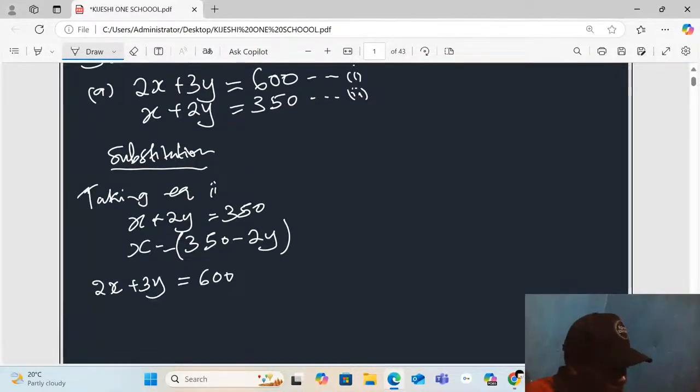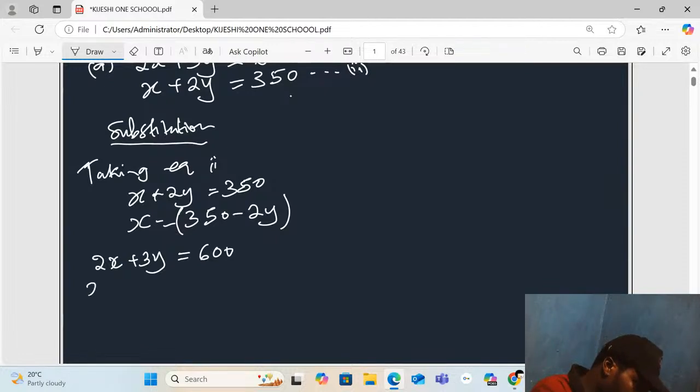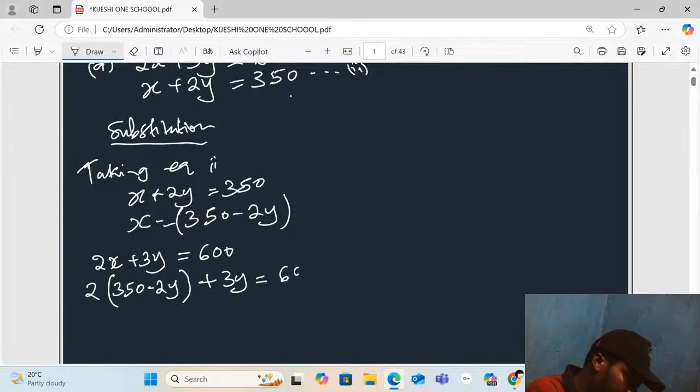Where we have x, we substitute 350 minus 2y. So we shall have 2 in brackets, 350 minus 2y, plus 3y equals 600.